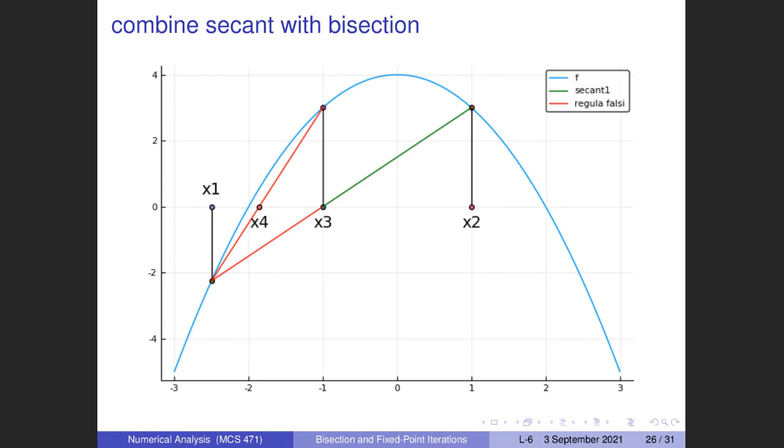Here we actually keep that invariant as well. And you can see we can kind of combine the best of both worlds, because you can see that the x4 is already quite close. And actually, the next step I did not show anymore, but it would almost be exactly at the root.